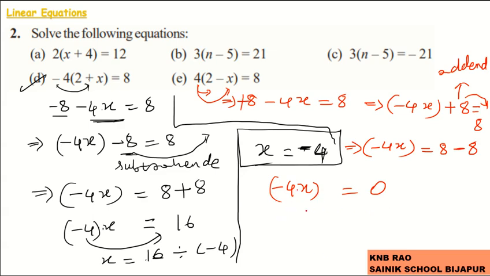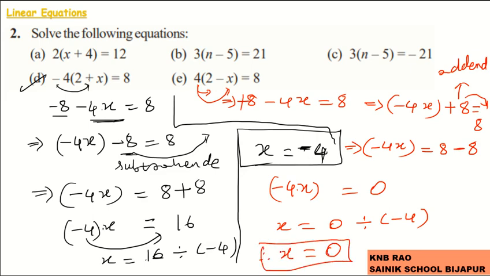If it goes that side, it does the division. So 0 divided by minus 4. You know, 0 by any non-zero number is 0 only. So therefore x equals 0 is the solution of this equation E. So these are the important models and important basics which you are supposed to know.